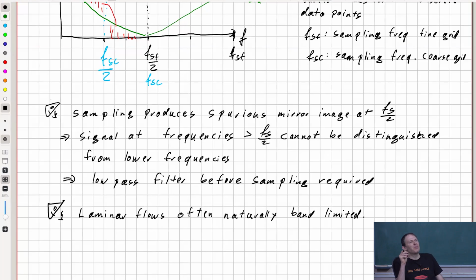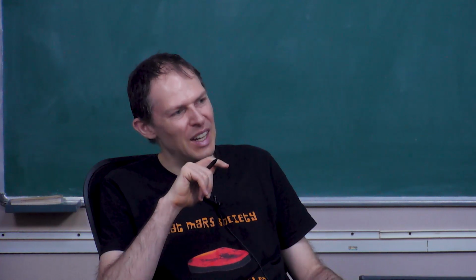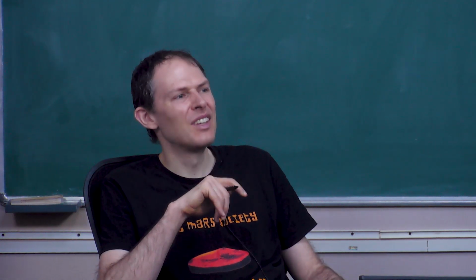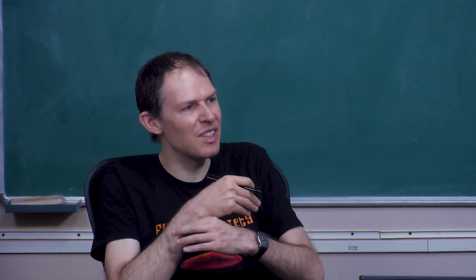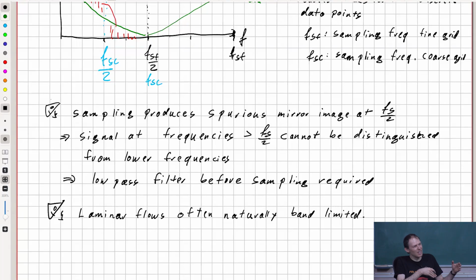So basically you can work only with this type of grid refinement if your flow is well resolved on the coarse grid. Yeah, if it's well resolved on the coarse grid, so meaning that it has no frequency contribution above half the sampling frequency, then you can do this. Otherwise, it will turn out to give you wrong results.